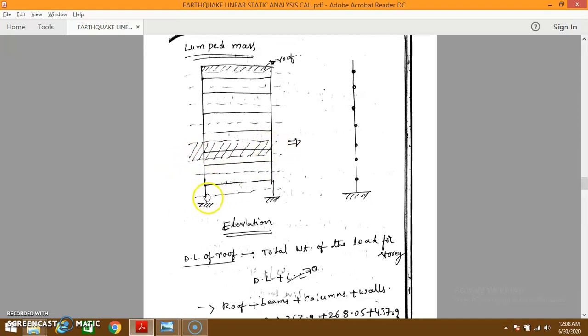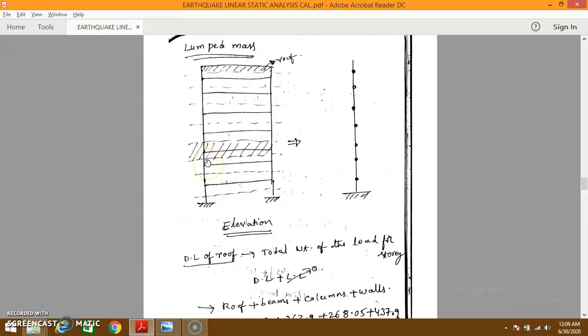How many lumped masses are there in the 7-story building? This is the ground floor. Below the depth of foundation, this column also is there. Half of this column and above the floor column is one lumped mass.